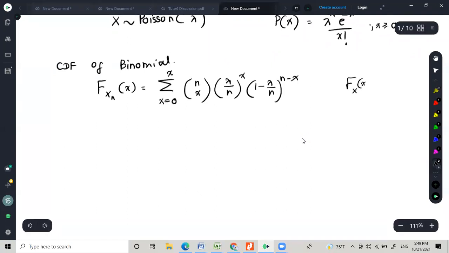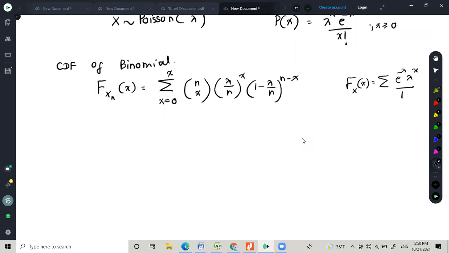Now, what will be the CDF of the Poisson? Fx will again be the sum of e to the negative lambda, lambda to x, over x factorial, going from 0 up to x.